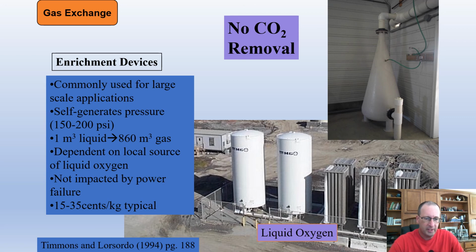The other thing that you see down at the bottom are some industrial sized liquid oxygen canisters. Those are those two big white containers on the left, and you can see all of the different diffusing columns to the right. Those systems are designed to really be used as a fail-safe in a lot of operations. For example, if you had a large production system in a hurricane zone, maybe you would be concerned about power outages. And these types of systems can be set up so that they're not actually dependent on electricity to function.